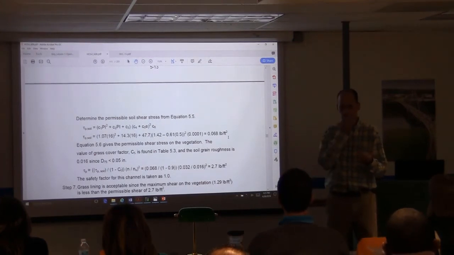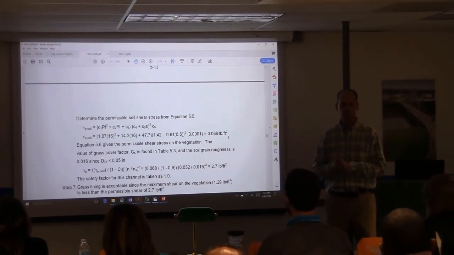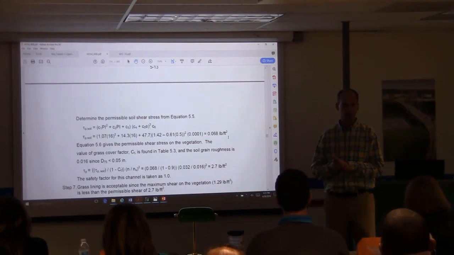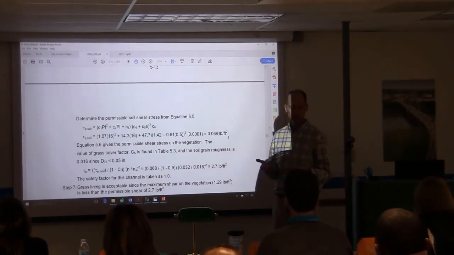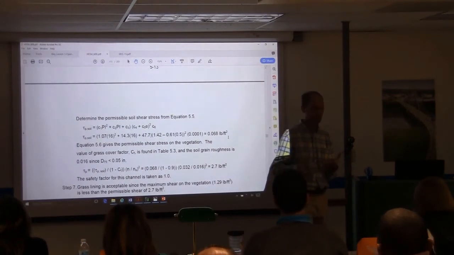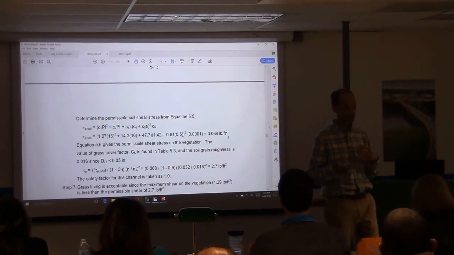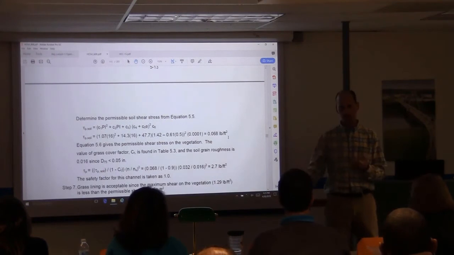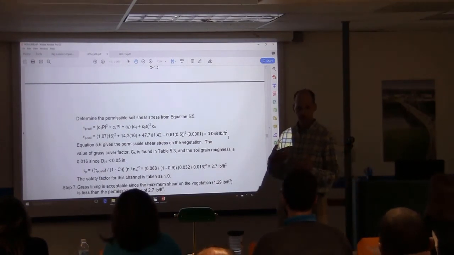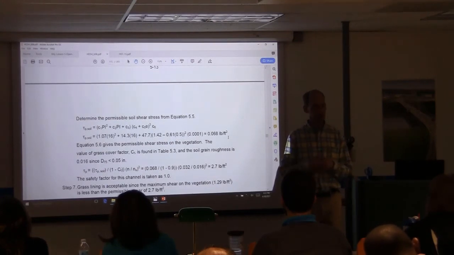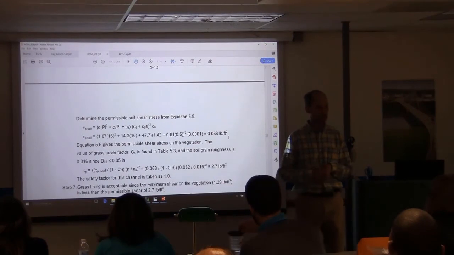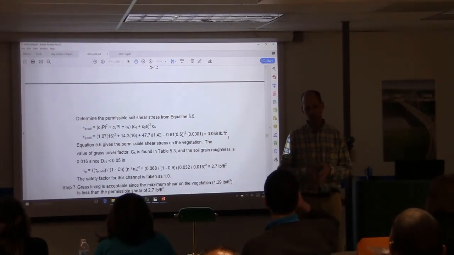Well, this comes into the realm of, do we need some temporary erosion control until our vegetative lining is established? If we use a biodegradable temporary erosion control matting of some kind, we check to make sure the permissible shear stress of the matting is able to resist something that's maybe not necessarily the 10-year flood, but at least something fairly substantial. And that gives us a better chance for success.